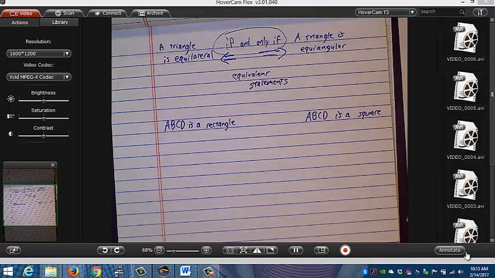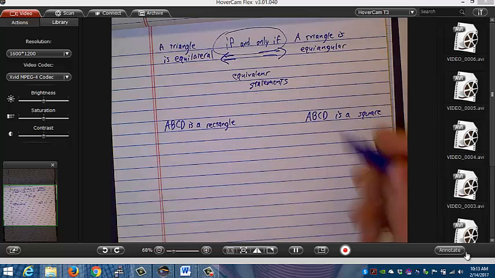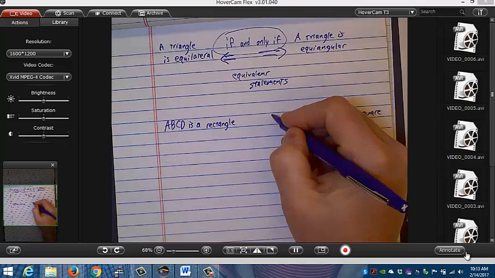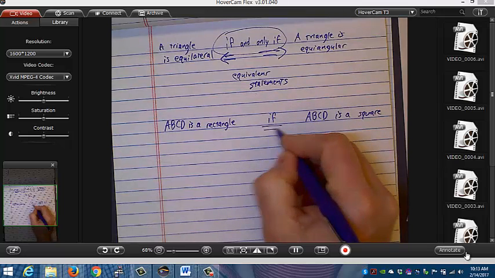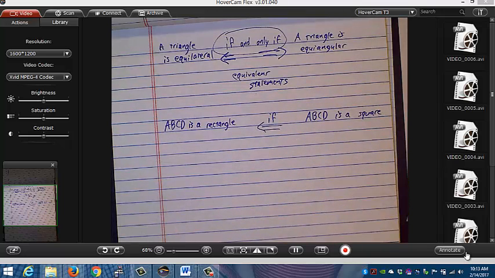I guess the question is, could I say if or could I say only if? Which way do you think works? Yeah, if. It's a rectangle if it is a square, but they're not equivalent. You could say it's a square only if it's a rectangle, right?